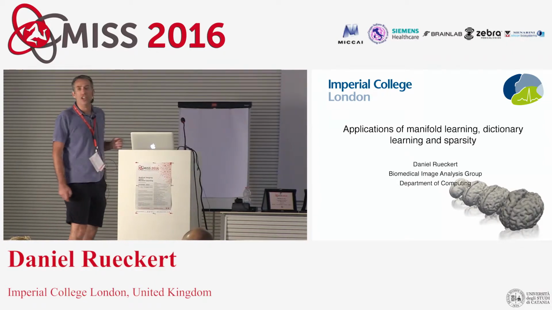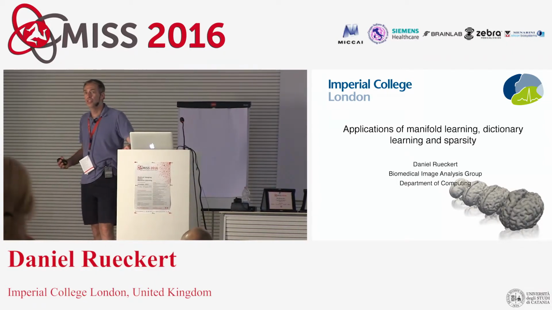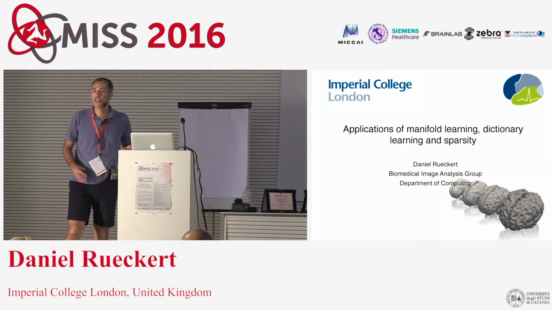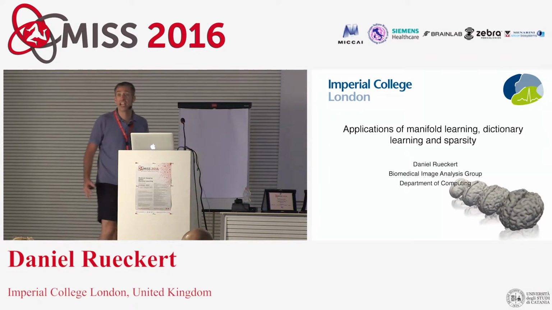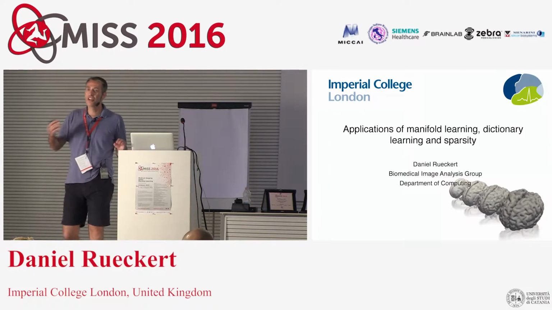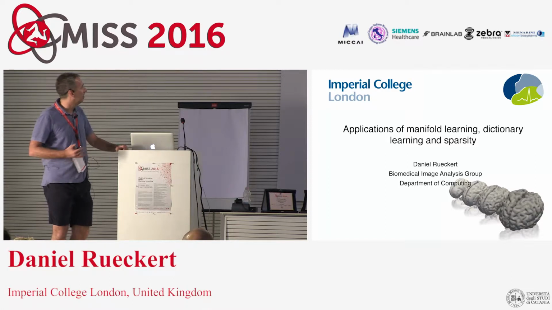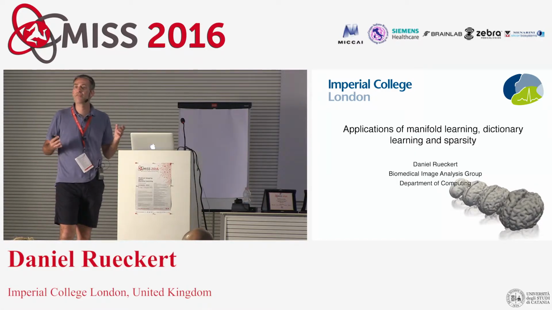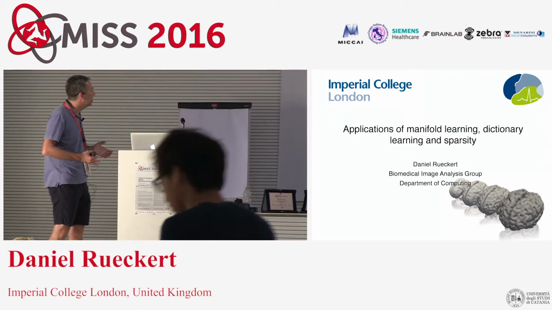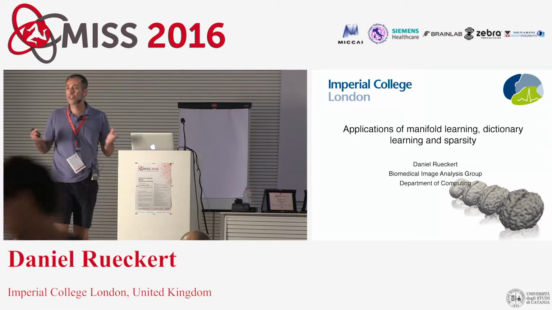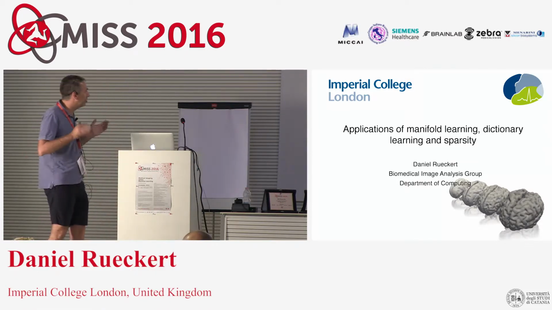Okay? So why do we actually want to do anything clever with the image acquisition? So if I look at, for example, one image modality like MRI imaging, it's a very powerful imaging modality. It's really good, but it's very, very slow because I have to acquire my data inherently in a sequential fashion. Okay? And that slow acquisition is good if you're looking at the brain, at the bones.